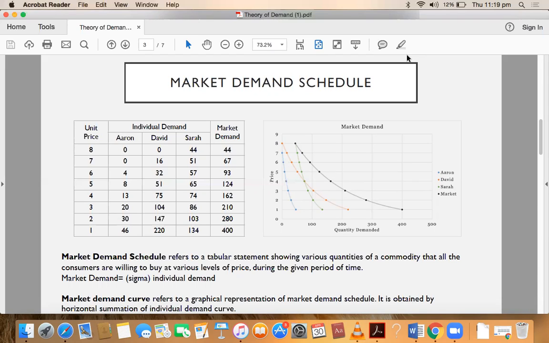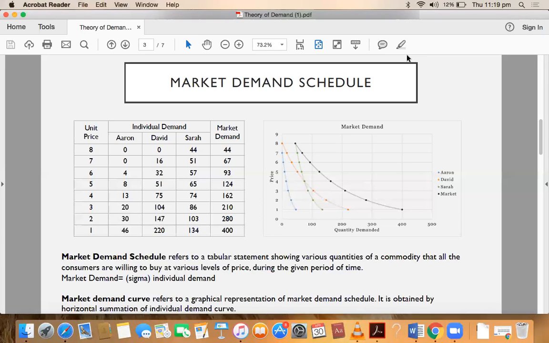Sarah's demand is 51. And market demand is 67. At the price of rupees 6, Aaron demanded 4 units of the commodity. David demanded 32 units of the commodity. Sarah demanded 57 units of the commodity, and the market demand is the sum total of all three consumers in the market, that is 93 units of the commodity.